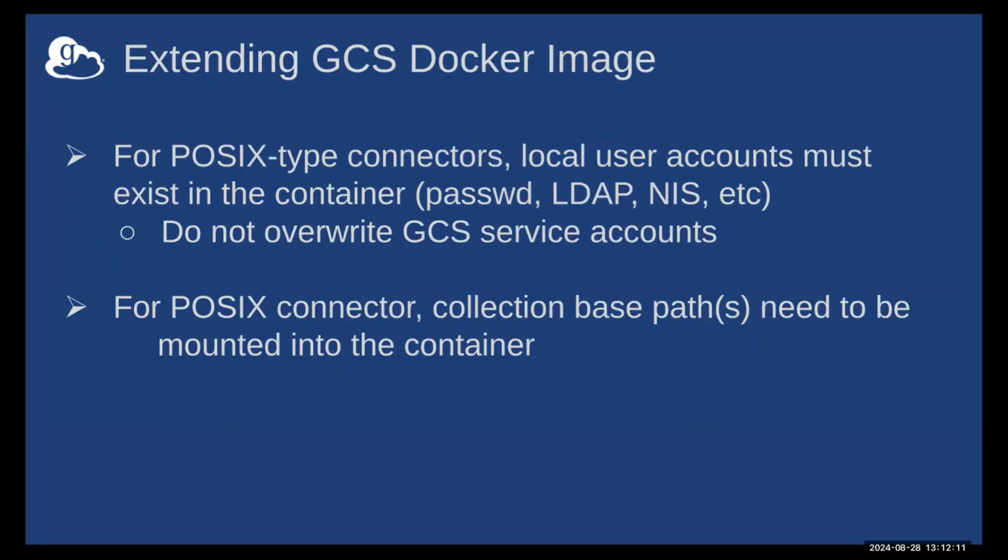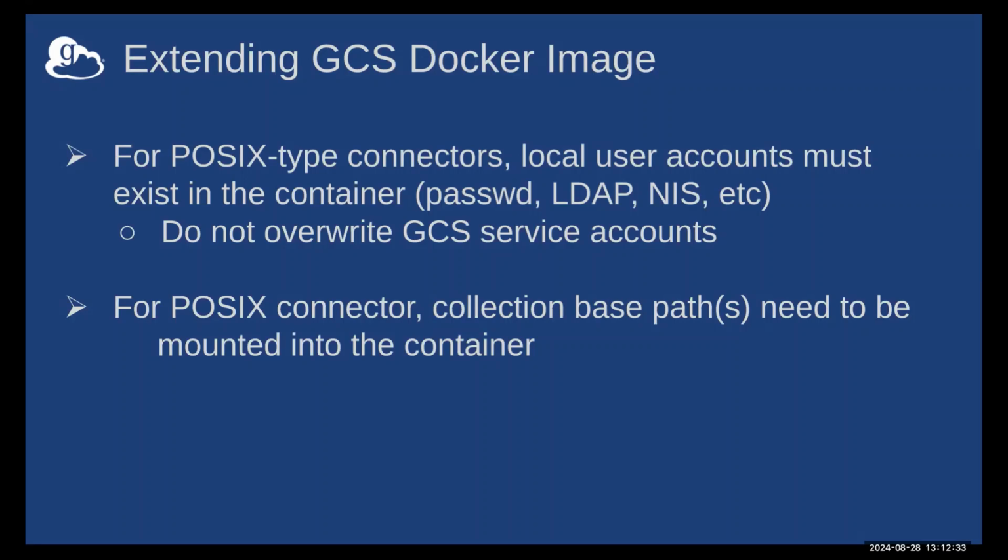If you're going to extend the Docker image, if you want to make use of Docker in your environment with GCS, there's a couple things to know. I think they're kind of obvious once you dive into it, but first, all your users' accounts need to resolve within the container. That could be etc/passwd, LDAP, NIS.